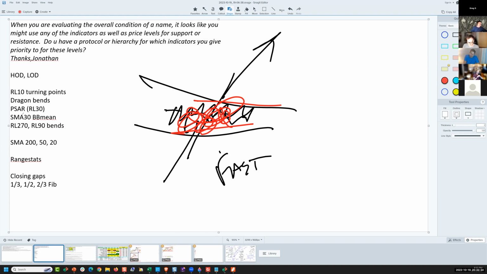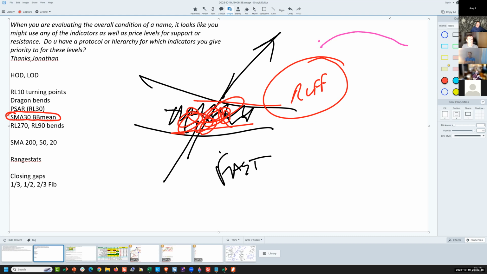So, in terms of support and resistance, that's the Bollinger Band mean and the river. Now, in the RLFF strategy, key support and resistance occurs at the RL270 and where the RL10 reversed.